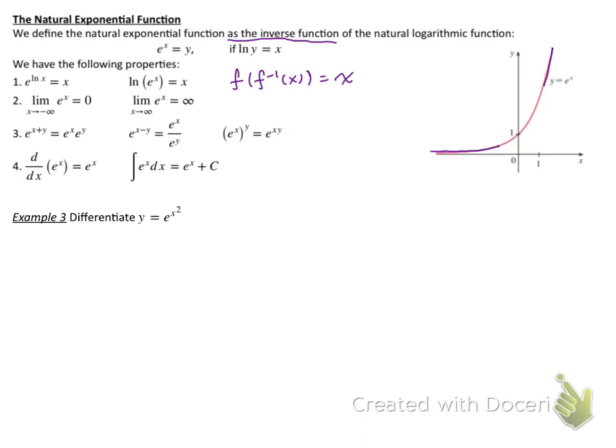Then again, all these power rules remain. When you have addition in the exponent, it becomes a product of two powers. When you have a difference in the exponent, it becomes the quotient of two powers. And when you have a power of a power, it becomes the product on the exponent.